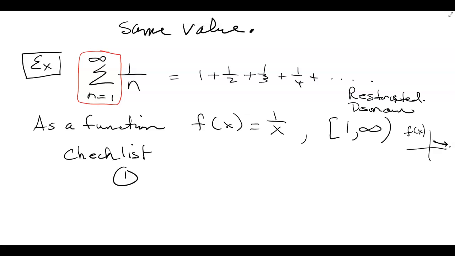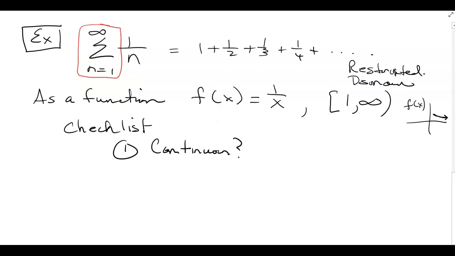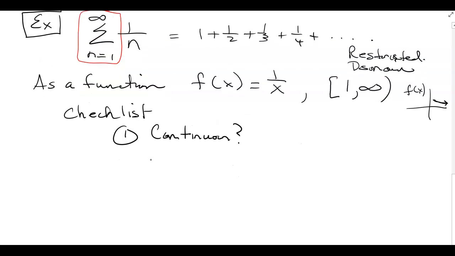Again, I'm looking for that you actually thought about each piece. When you are determining if a function is continuous, what you are really looking for is, well, where is it not continuous?